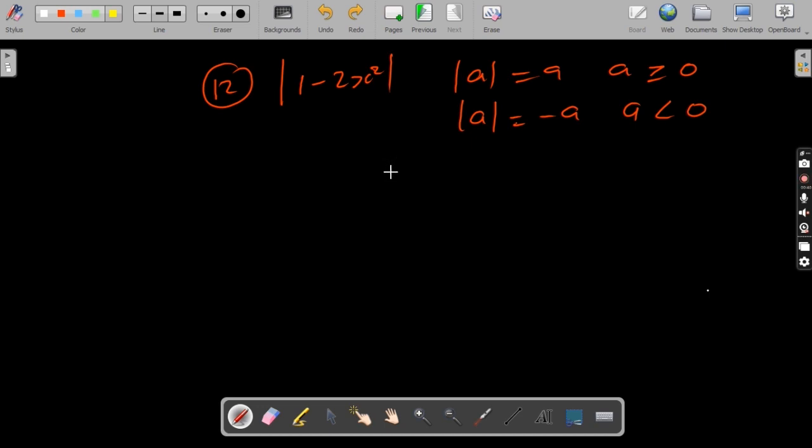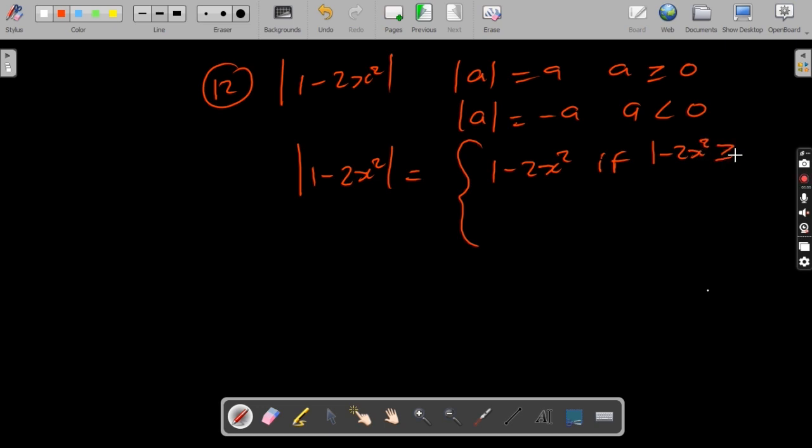So the first case would be that the absolute value of 1 minus 2x squared would be 1 minus 2x squared. This is if this 1 minus 2x squared is greater or equal to 0, or we would negate 1 minus 2x squared if it results in a negative result.